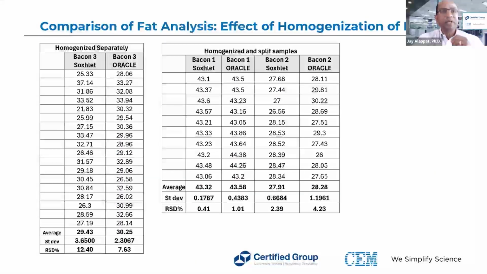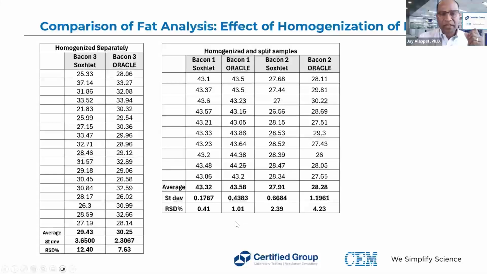Now, I would like to finish with what I consider one of the most important scientific messages in this presentation. Analysts and scientists often talk about instrument performance. In reality, sample preparation frequently contributes more analytical variability than the instrument itself.